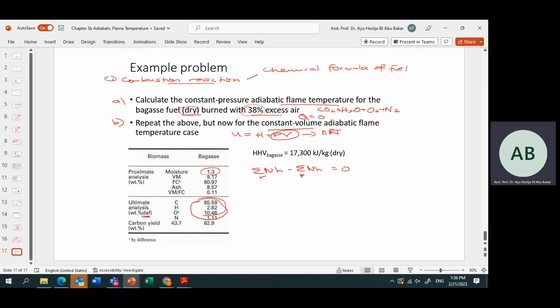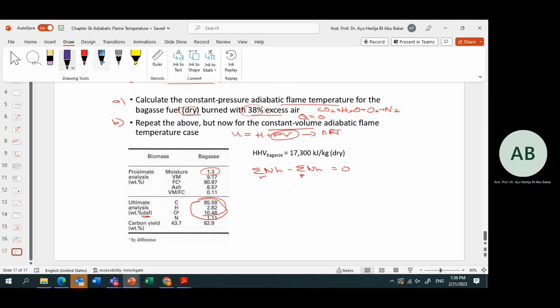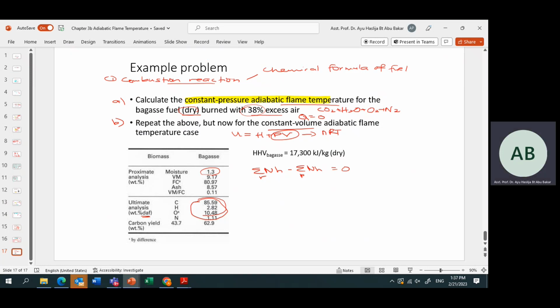Now for this example, to proceed, this example asks you to calculate the constant pressure adiabatic flame temperature, T adiabatic at constant pressure for A, and it asks you to repeat to find the T adiabatic at constant volume.